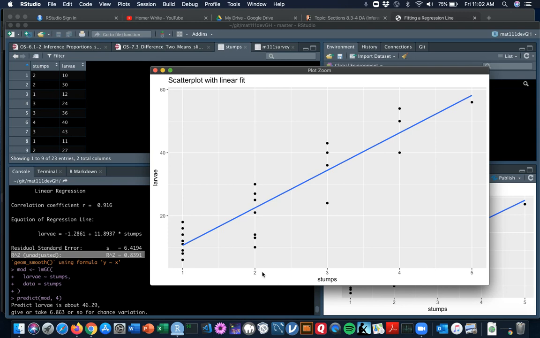But it's just partial. Because varying the stumps from 2 to 3, although that leads to generally higher larvae clusters, there's still some variation just within all the stumps being 2 or all the stumps being 3. So varying the stump number doesn't tell you all the variation in the larvae cluster number. It only partly accounts for it.